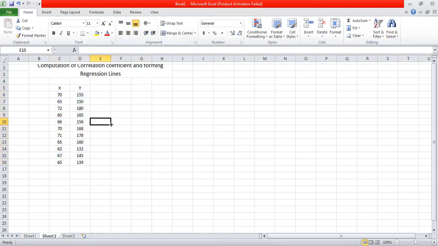So what is generally the correlation? First, I'll find the correlation. What is the formula for correlation?